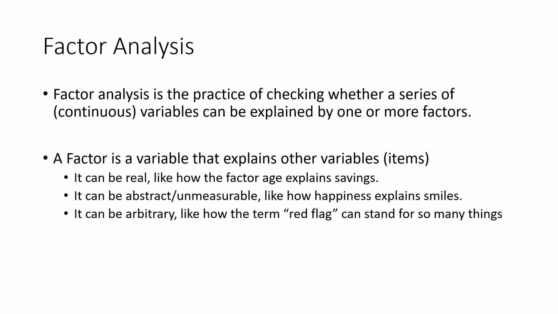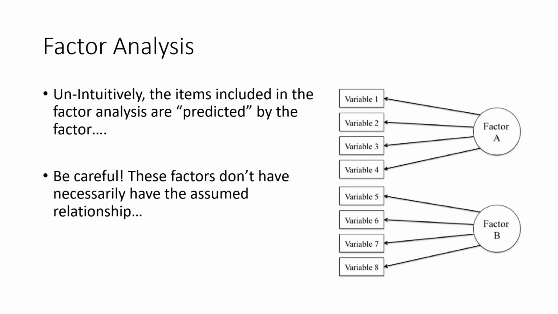So there's a lot of different ways that you can come up with your factors, just like there's a lot of different ways you can come up with the variables that you use in an analysis. Now, one thing that's important to note is that factor analysis is a little bit unintuitive. Normally, the variables that you measure, the independent variables, explain another measure or a dependent variable. But in factor analysis, we actually think about them the other way around.